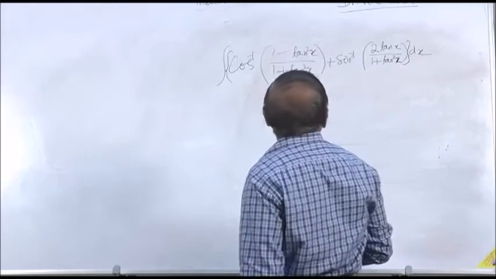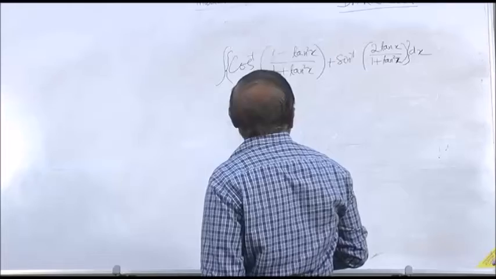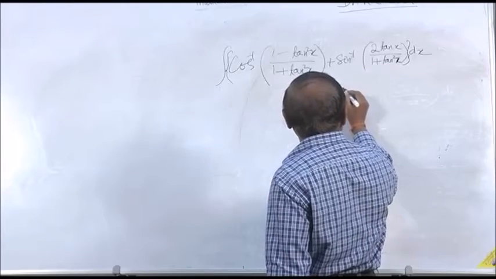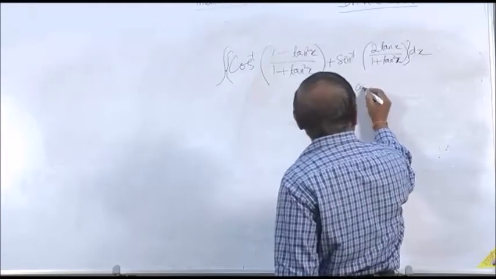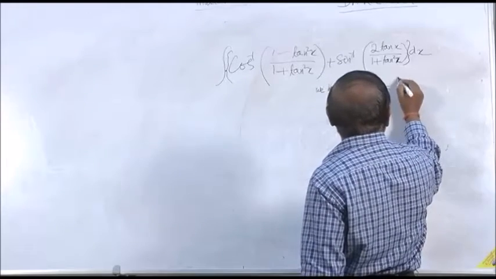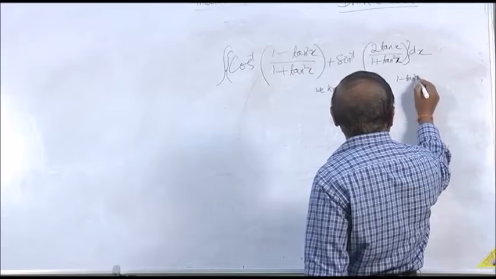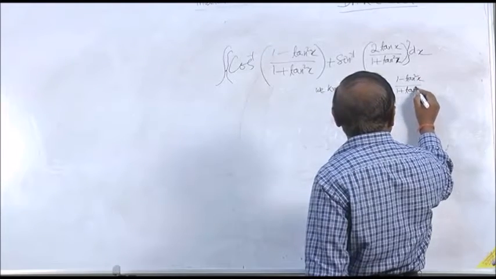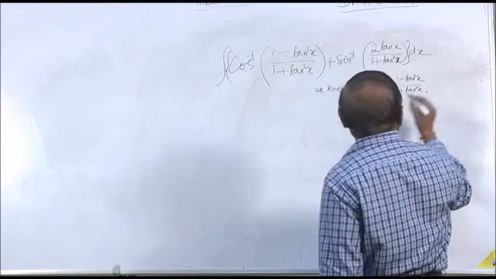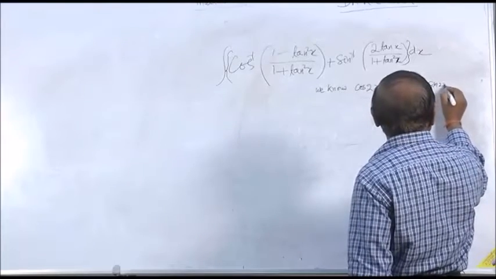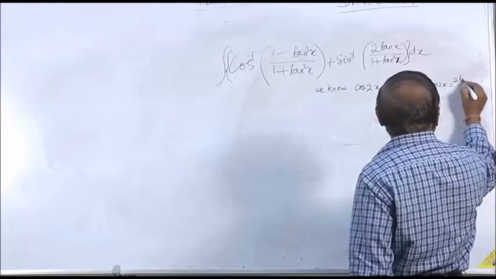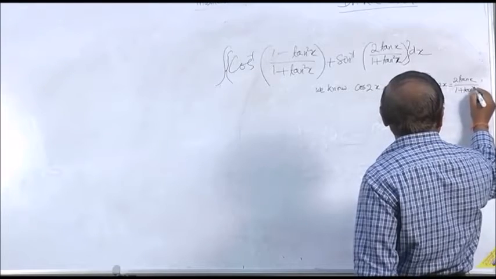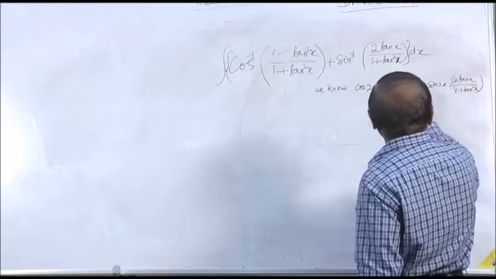This is given. We know cos 2x is 1 minus tan square x by 1 plus tan square x. Sin 2x is 2 tan x by 1 plus tan square x.